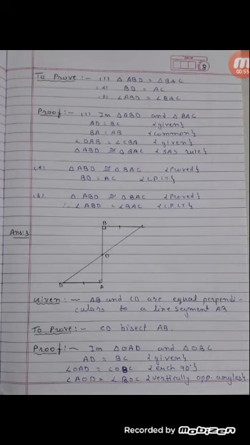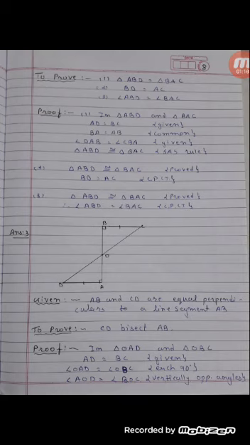Second, in first we proved triangle ABD congruent to triangle BAC. So we can write BD is equal to AC by CPCT. Third, triangle ABD congruent to triangle BAC, we proved in first. So we can write angle ABD is equal to angle BAC by CPCT.